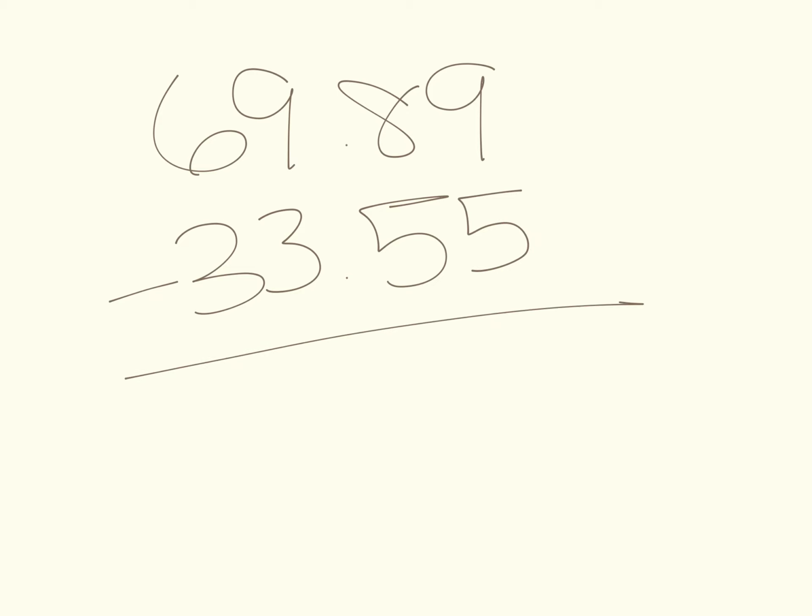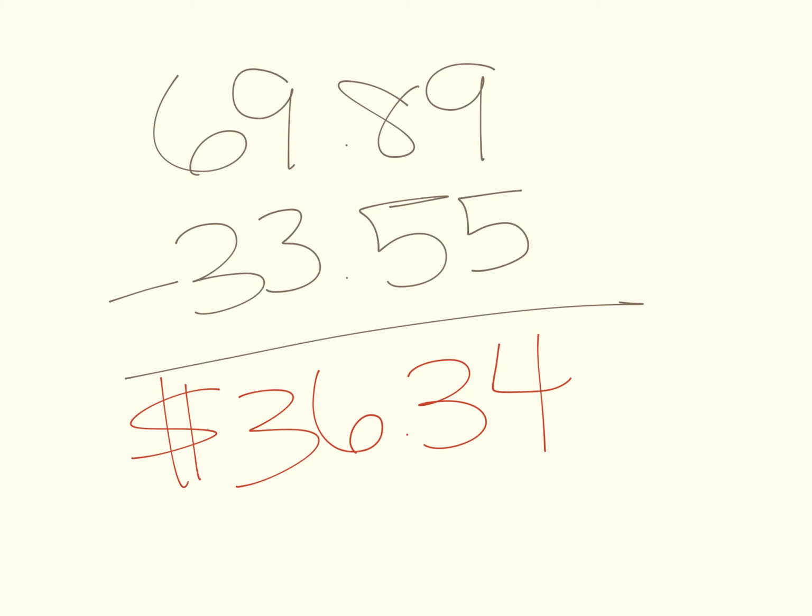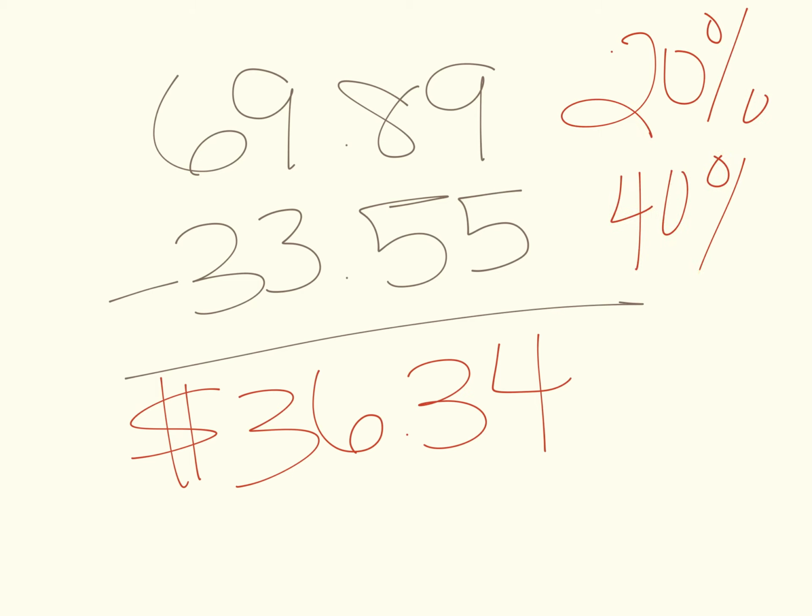So how much did I save? I saved $36.34. So originally I saved 20% and then I saved 40%. Does that mean that $36.34 equals 60%? Well, let's find out.